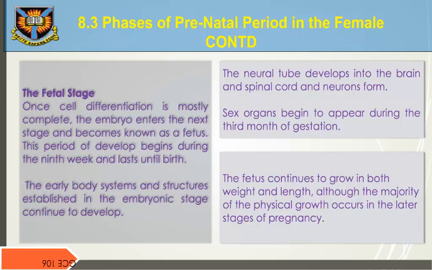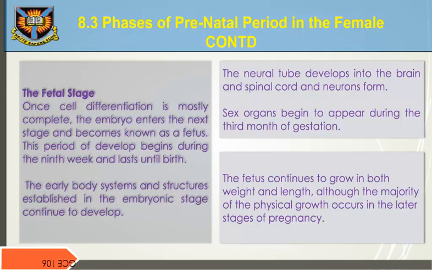The fetal stage. Once cell differentiation is mostly complete, the embryo enters the next stage and becomes known as a fetus. This period of development begins during the 9th week and lasts until birth. The early body systems and structures established in the embryonic stage continue to develop.